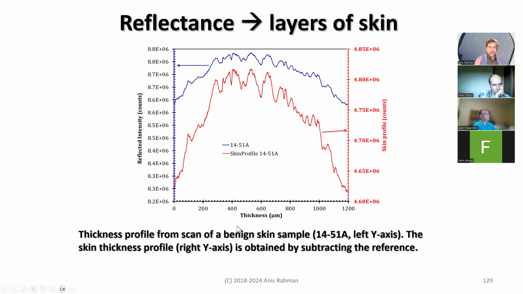So first we have the reflected intensity of the sample holder run, and then subtract that from the scan of the skin itself. That gives us the profile. And as you can see, the red curve shows a lot of layering of that spot where the skin was taken from.